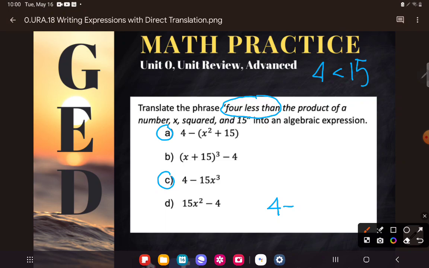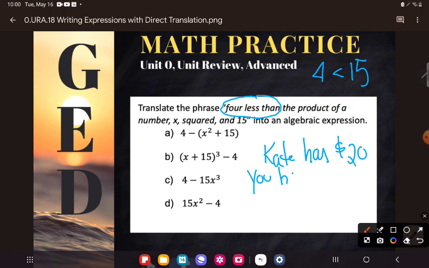So anytime you're confused about writing in algebra, take it back to what you know. Take it back to whole numbers, not mysteries. And let's think about this. I want you to imagine that I have $20. Okay, so Kate has 20. And then I say, you have $4 less than I do.